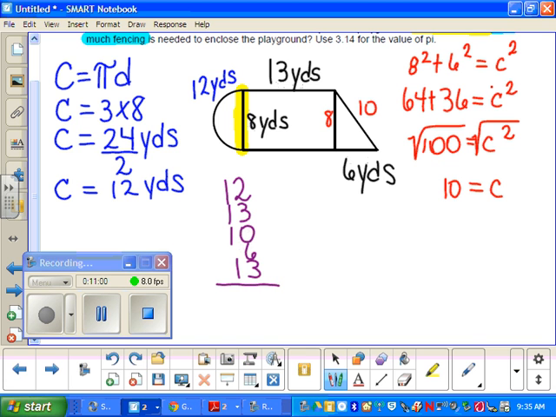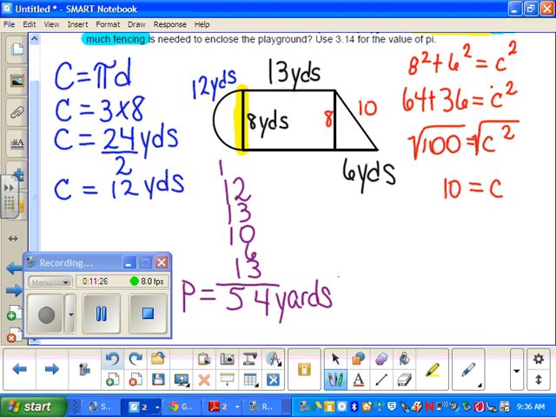And I add those up. 6 is 12, 14. Carry my 1, 2, 3, 4, 5. 54 yards would be the fencing or the circumference or perimeter of that weird shape.